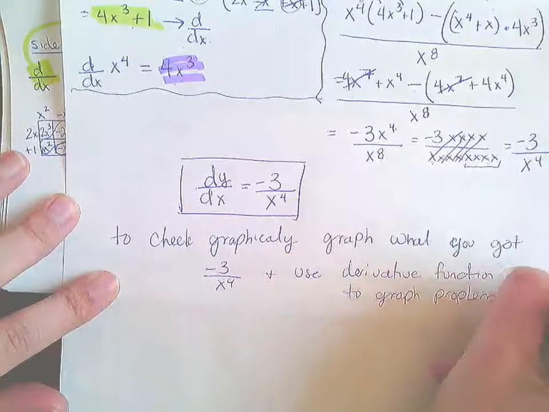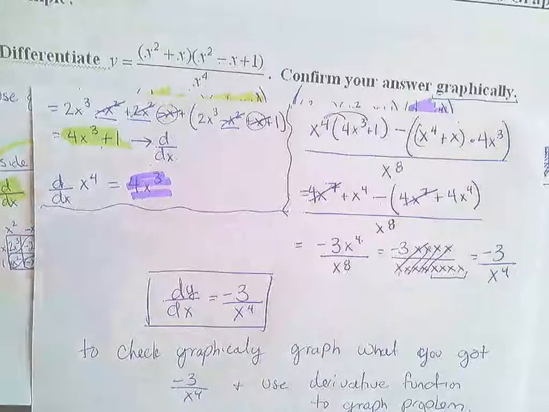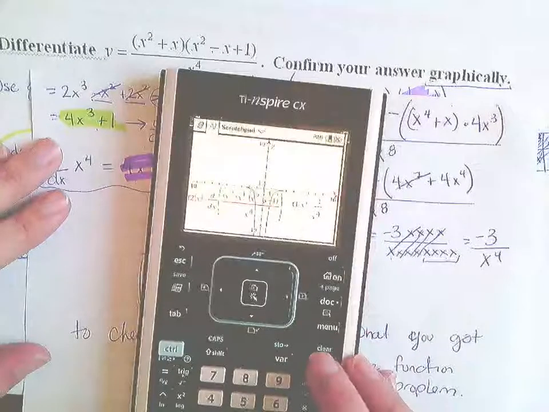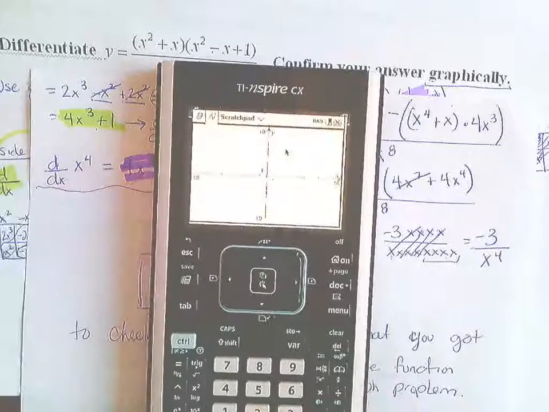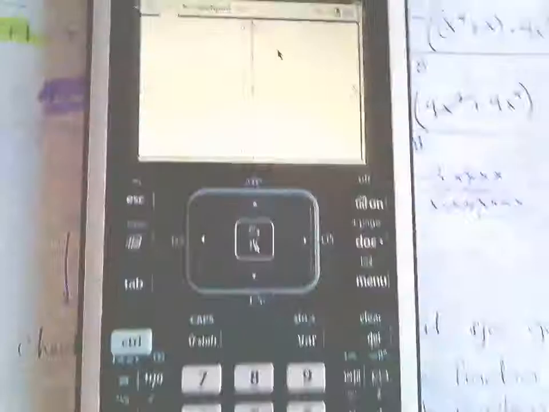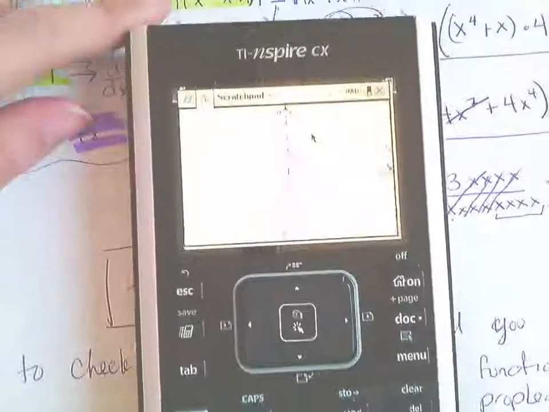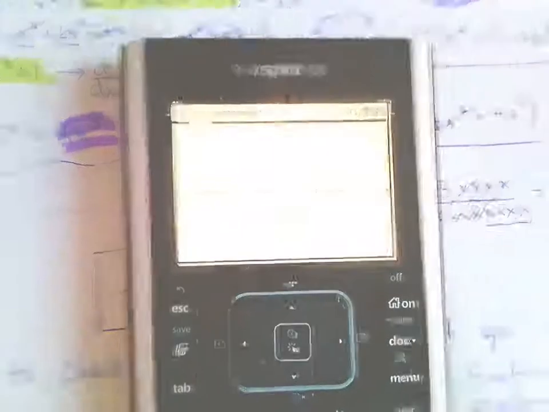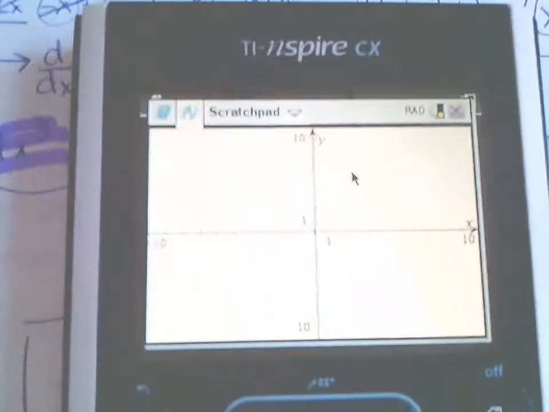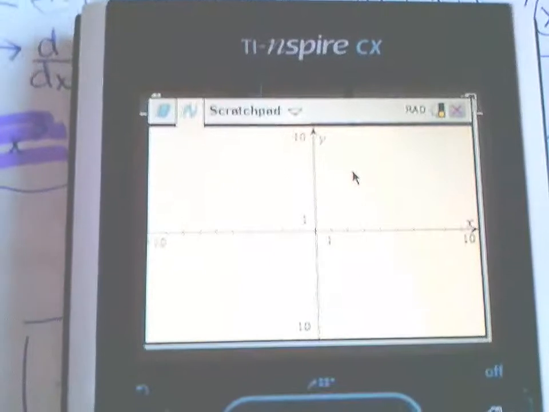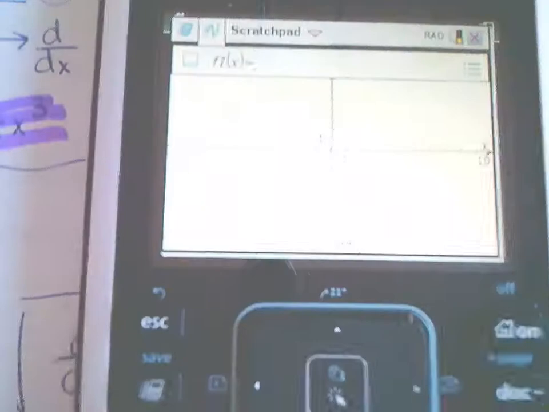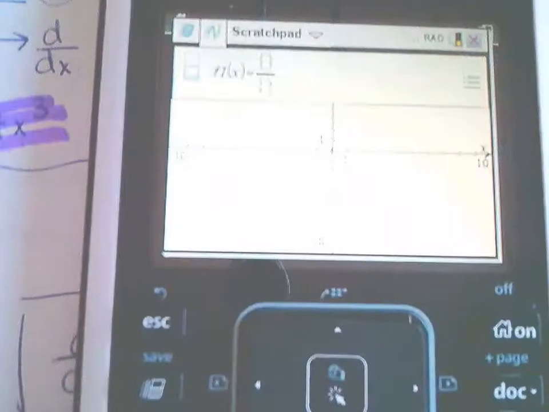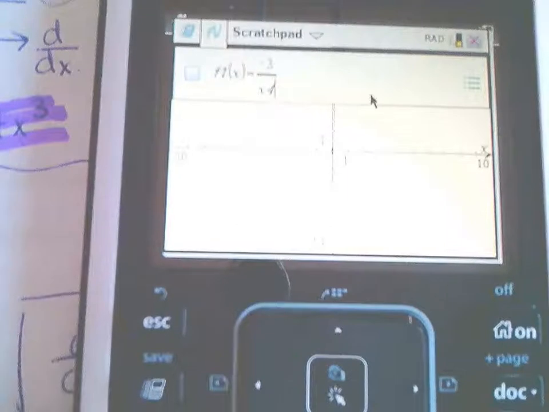I'll show you in 1 second. So in our calculator, let me delete this. So in our calculator, first I'm going to graph what I got. So under tab, I'm just going to graph negative 3, so control divide, negative 3 over x to the 4th. Enter.